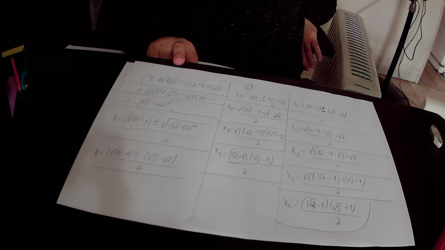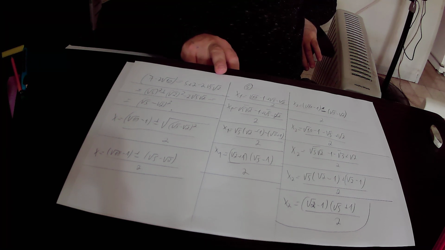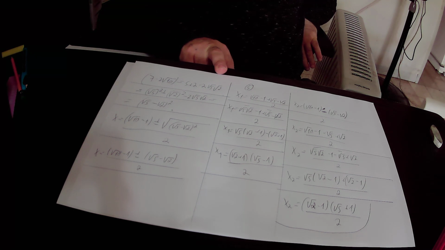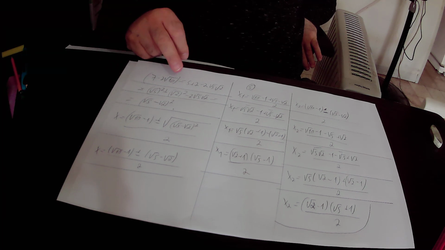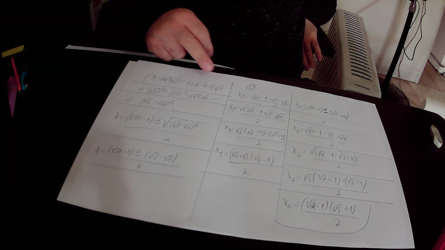And we got that 7 minus 2 times square root of 10 equals 5 plus 2 minus 2 times square root of 5 times square root of 2. We know that 5 is the square root of 5 squared and 2 is square root of 2 squared, minus 2 times square root of 5 times square root of 2.